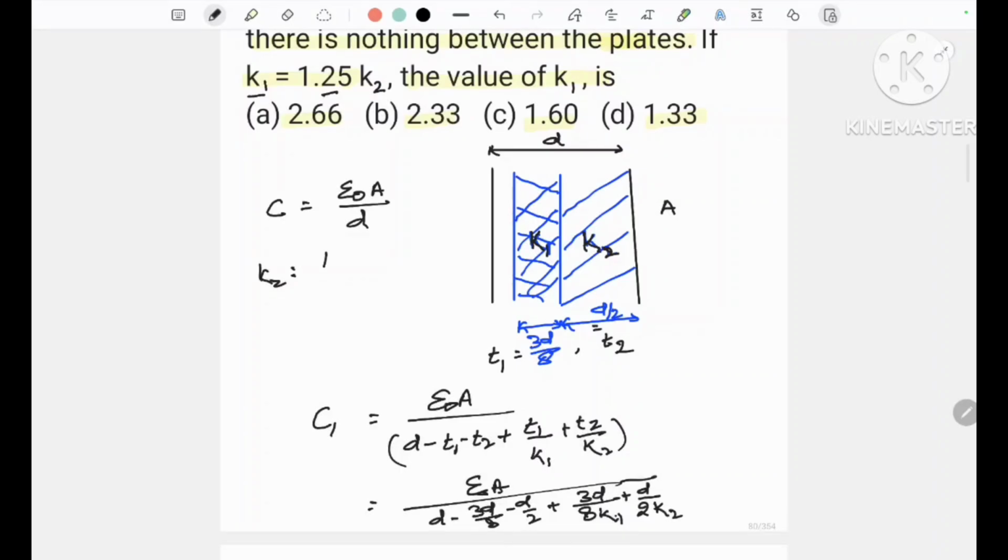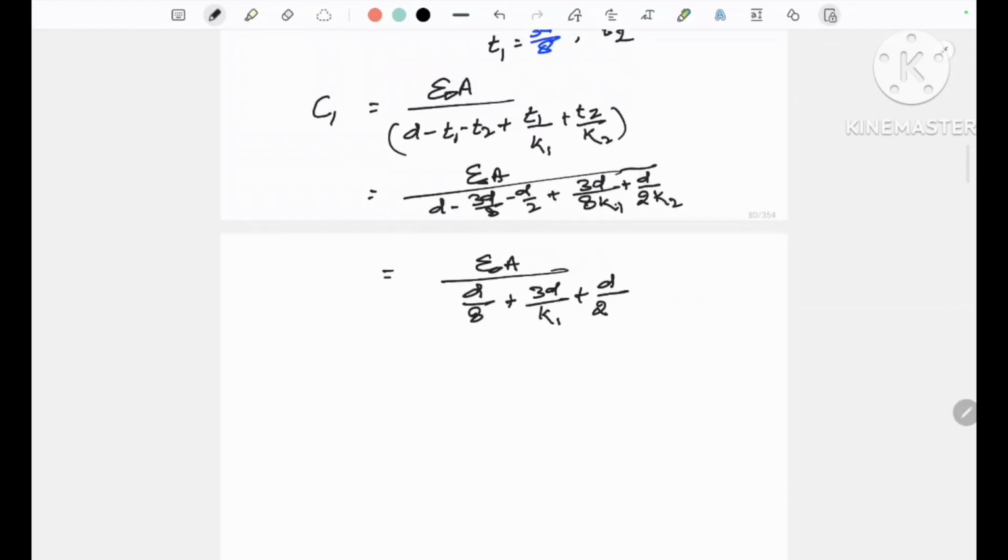K2 will be K1 by 1.25, so epsilon A over D by 8 plus 3D by 8K1 plus 1.25 D by 2K1.